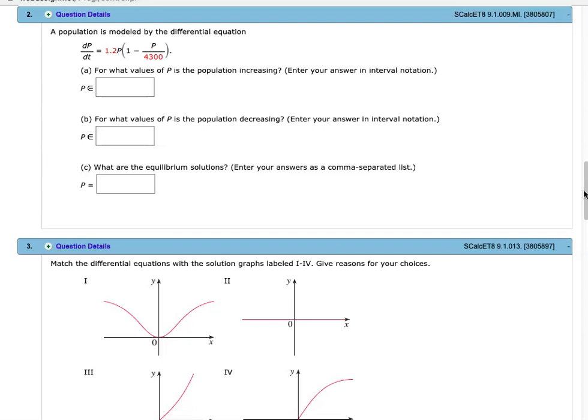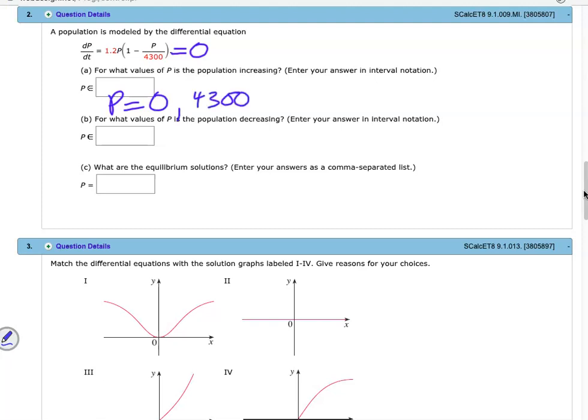So let's make a derivative sign line. In order to make a derivative sign line, we first need to find the values of p that make the derivative 0. If I set this equal to 0, I get p equals 0 or p equals 4,300.